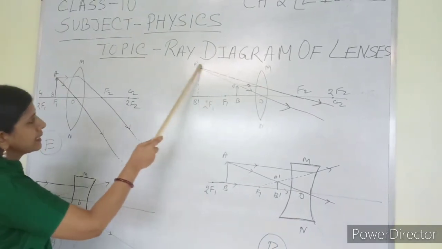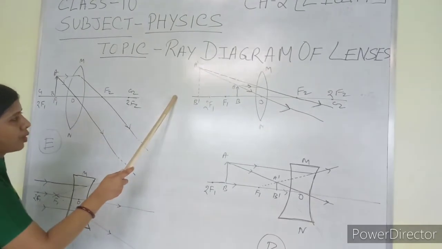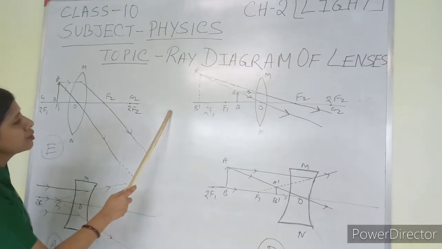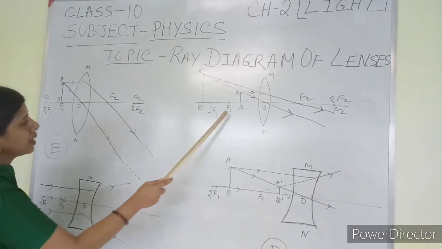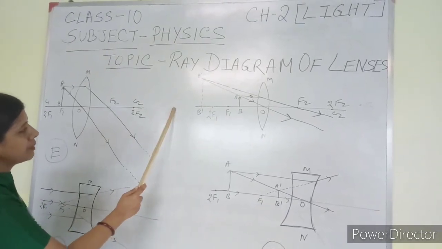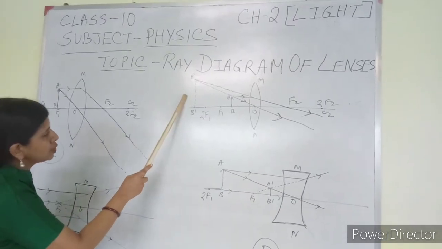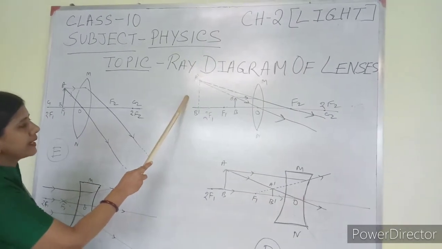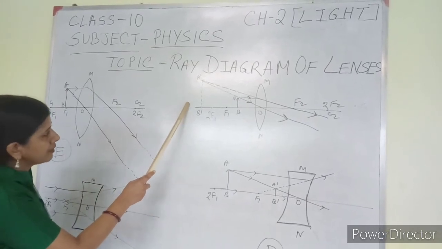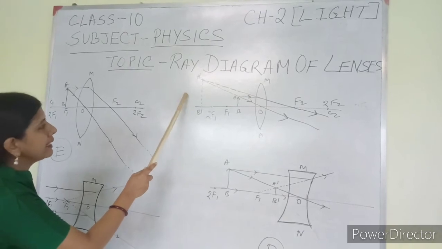So I have extended the rays here and you can get the image formed, that is, where the image is forming, after 2F1. So the object is in between O and F1 and the image is forming after 2F1. Here the image is a virtual image and it is a magnified image. This is the only case in the case of the convex lens where the image formed is virtual and erect.